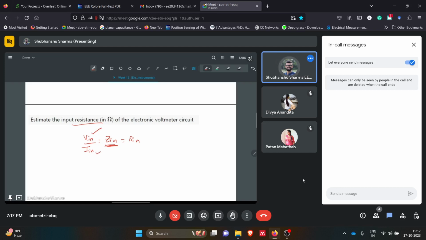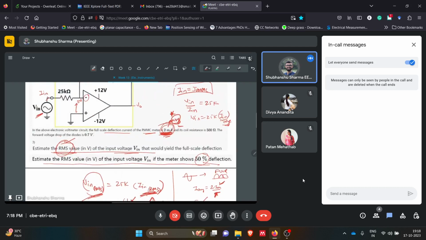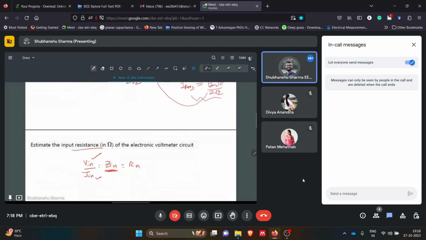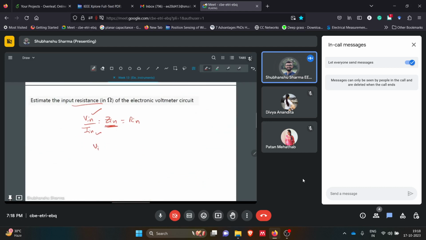We have just calculated V in RMS. One thing also: if you are using V in RMS in the numerator, then the current should also be in RMS. If you are using average, then this will also be average.